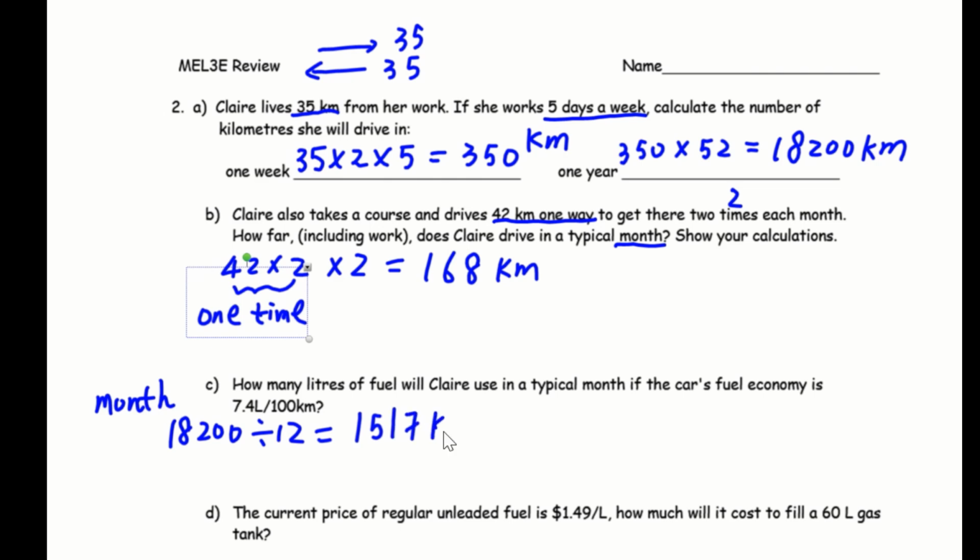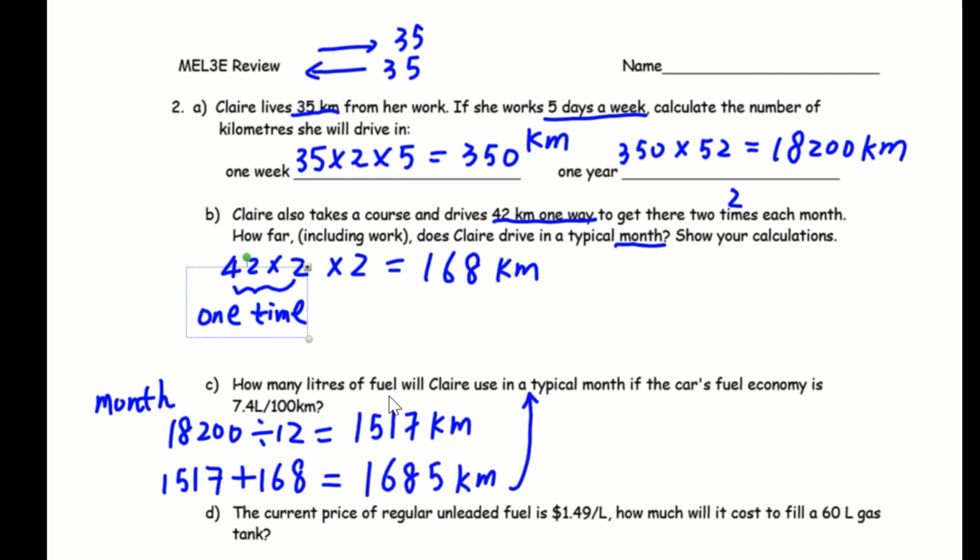This is for work. Then we add this to the drive for the course. It will give you 1,685 kilometers. So this is 1 month.